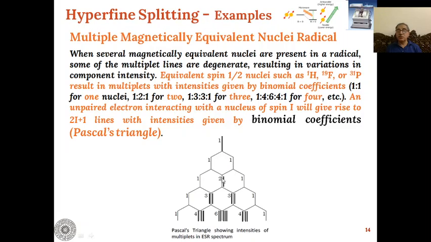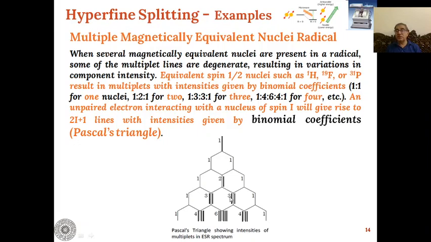So because of that, theoretically there should be more lines in the ESR spectrum, but because of this magnetic equivalence, these lines become degenerate. They absorb the same energy and they show a single line only. So that is why there is some variation in the number of lines in the ESR spectrum.